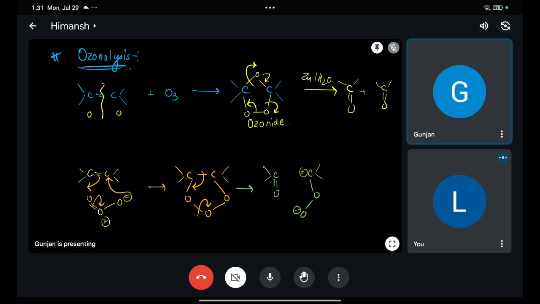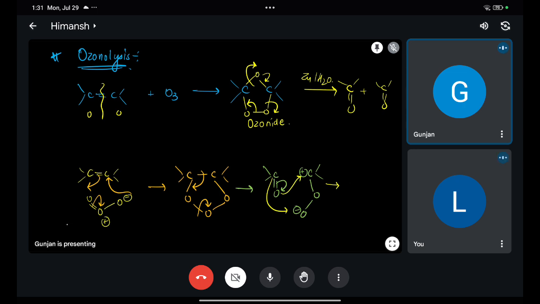Oxygen will take an electron like this. So this negative and this positive will create a bond, and this positive and this negative will create a bond. You getting it?